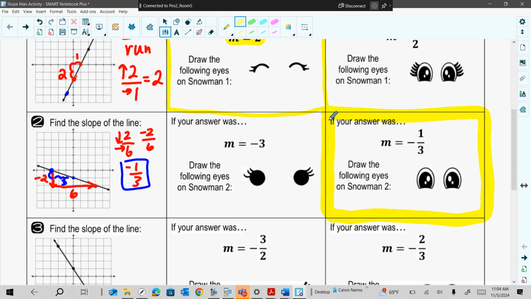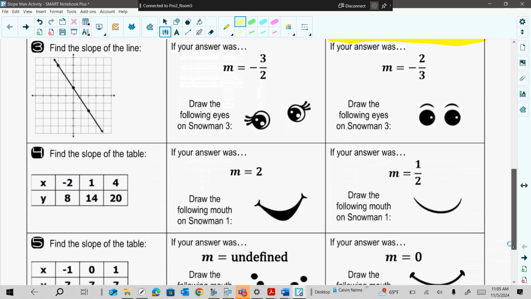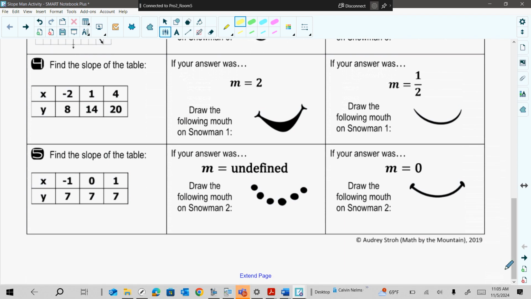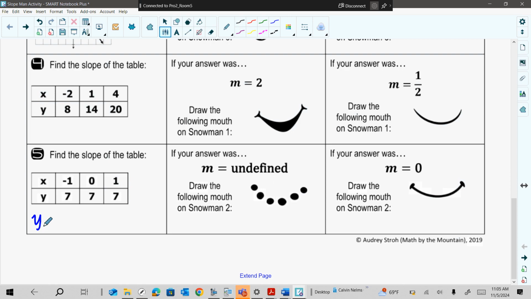Now, what you do have on the next set of problems, starting on 4 and 5, is the slope off of a table. For slope off of a table, guys, we're just going to use the slope formula, which is y2 minus y1 all over x2 minus x1.